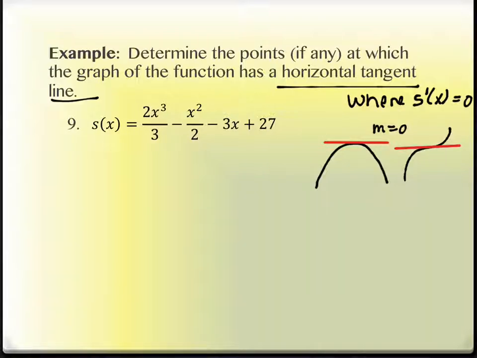Okay. So we're going to take our derivative, but instead of evaluating at a particular point, we're going to look for where this particular slope is equal to 0 once we have found it. So we have 2x cubed over 3. It's really tempting to be worried about the fact that there's a 3 in the denominator.